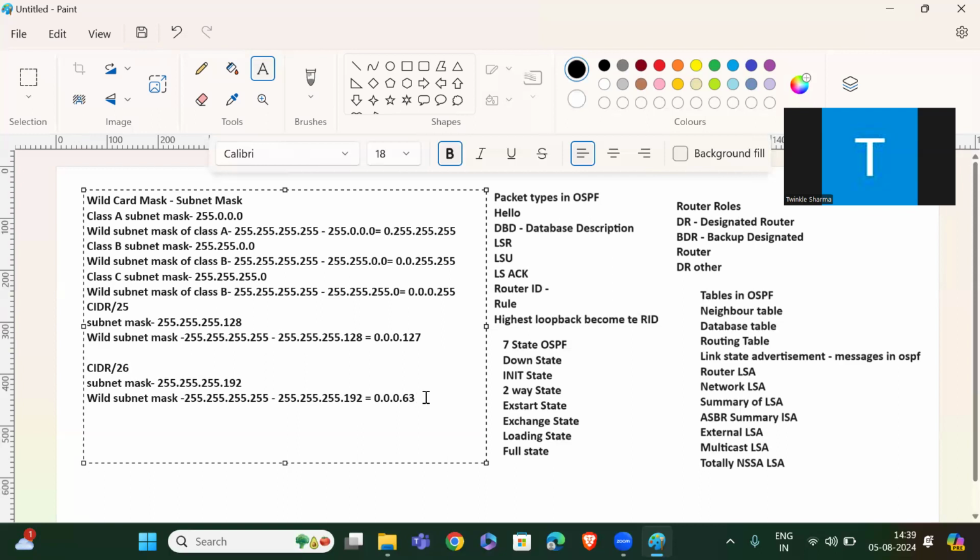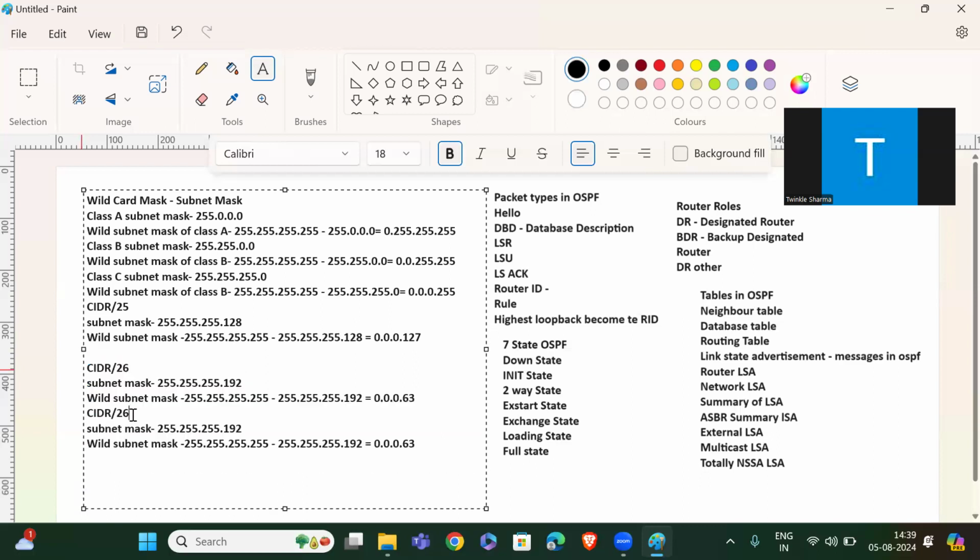Okay. If we have a CIDR value of 27, the subnet mask is 255.255.255.224. Subtract 224. Our answer for the wildcard is 31.